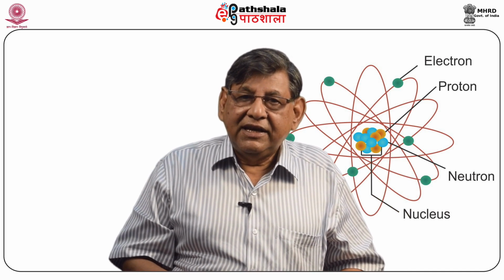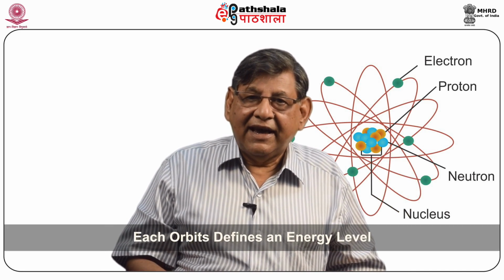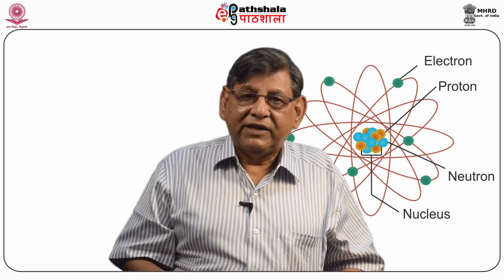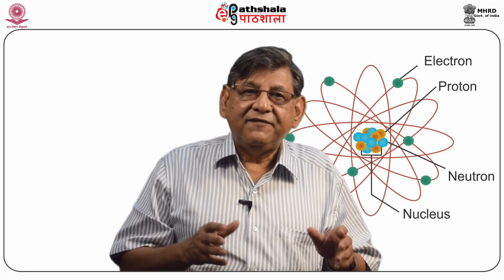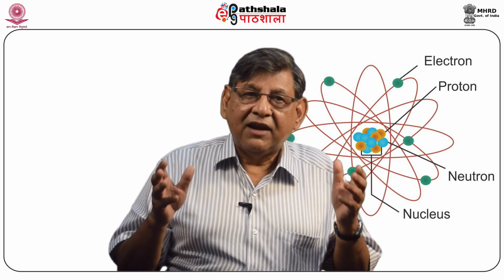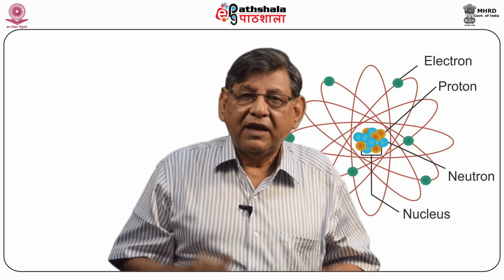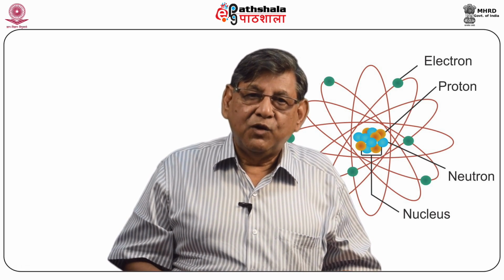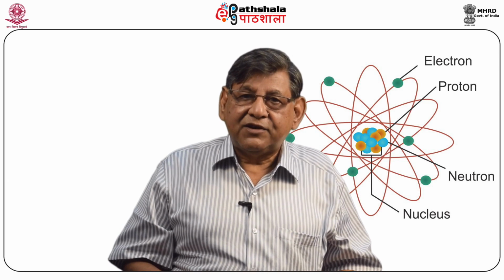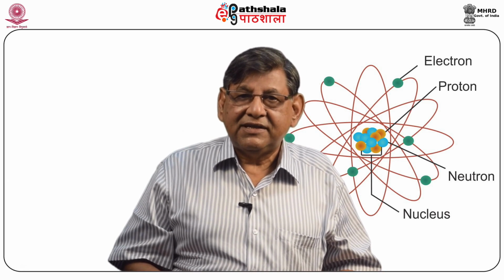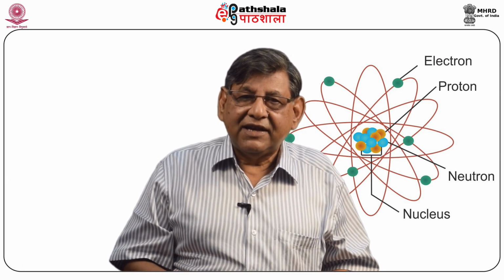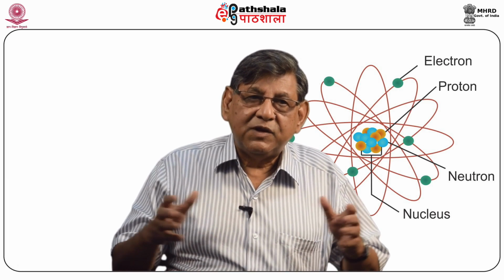Now, since each orbit defines an energy level for the electron, only a set of discrete energy levels is allowed for the electrons. The second point to note is that the electrons in these allowed orbits are accelerated towards the center.